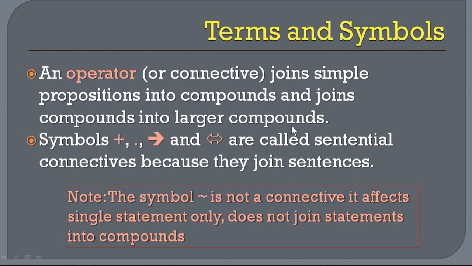That means two simple statements, that is, propositions, can be connected with an operator, and also two compound propositions can be connected to form larger compounds. That's what that means. The symbols used, you can see some of them here: plus, dot, right arrow and double-headed arrow. These are called sentential connectives because they join sentences.